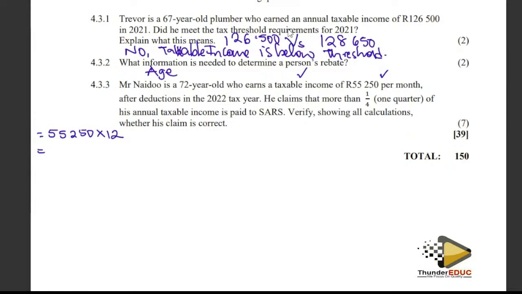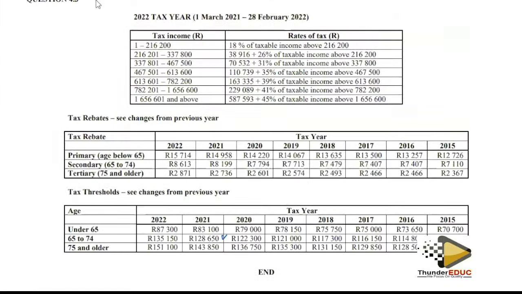55,250 times 12. We end up having 663,000. This is what we have. So from here, we determine the bracket. Which bracket will it belong to? We go to the next year.